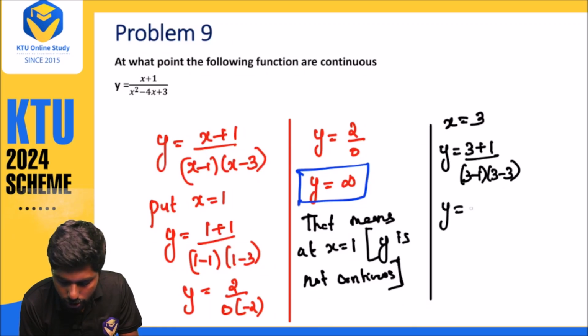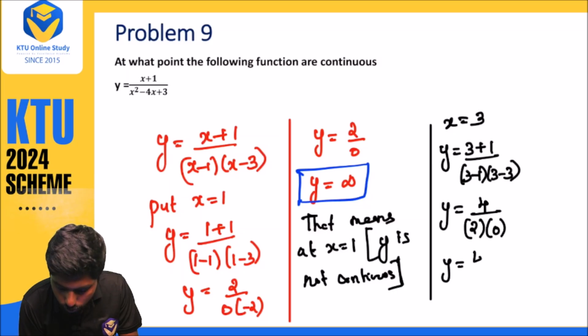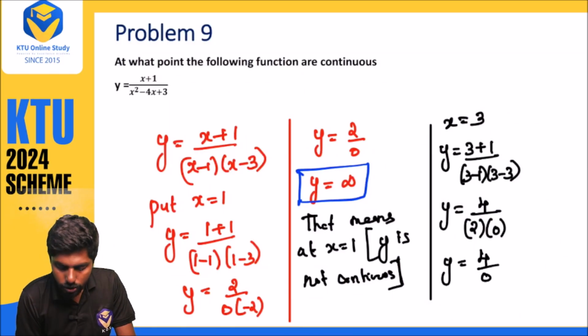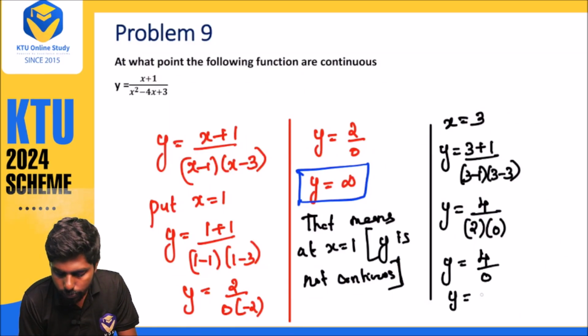So y is equal to 4 divided by 2 into 0, that is y is equal to 4 divided by 0. What is 4 divided by 0? That is nothing but infinite.